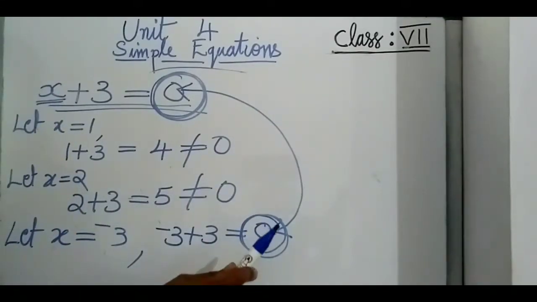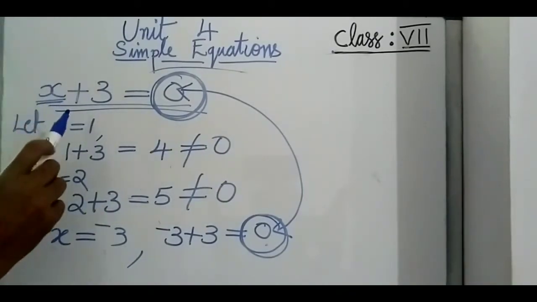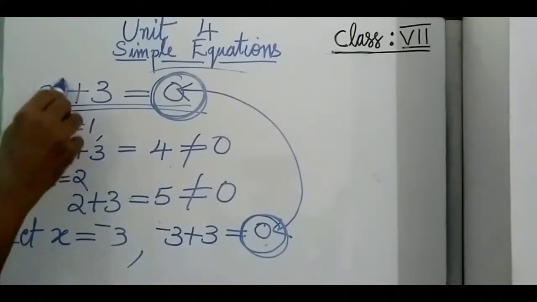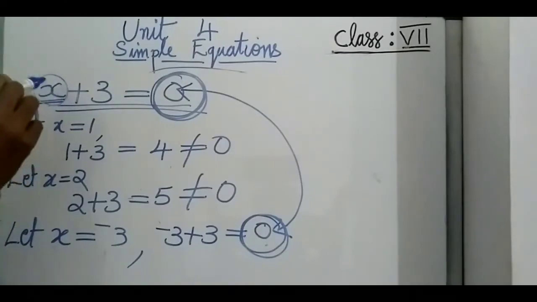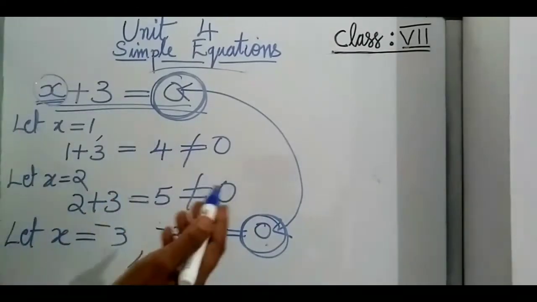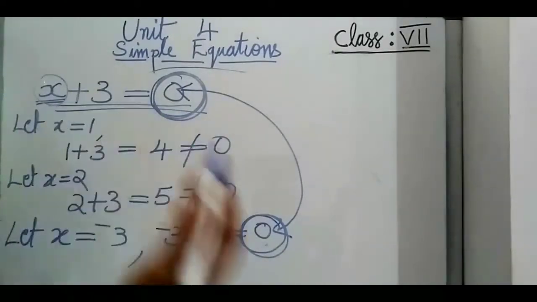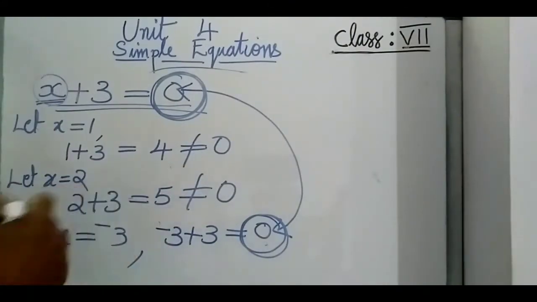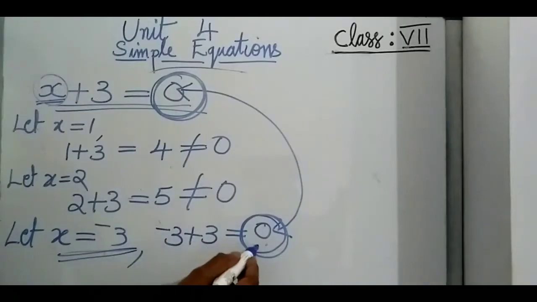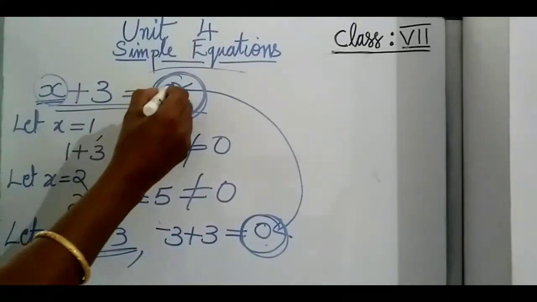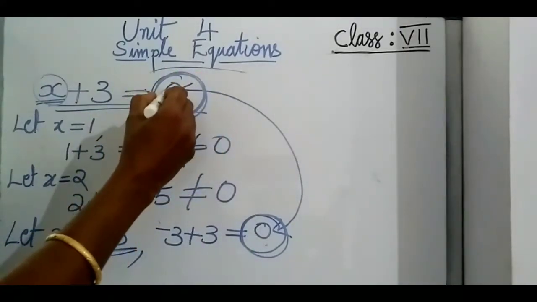In this case, we have already learned that in an expression there is a variable, and how it got that name. If we give a value to this variable, the value of the expression will vary, change. Now, here at x equal to minus 3, this is an equation, the value of the RHS is 0.